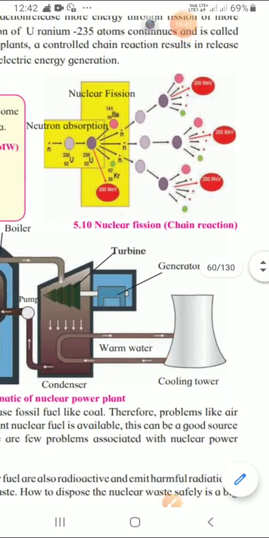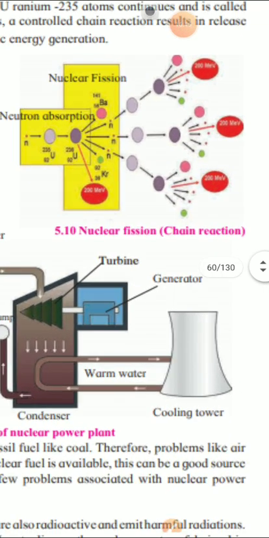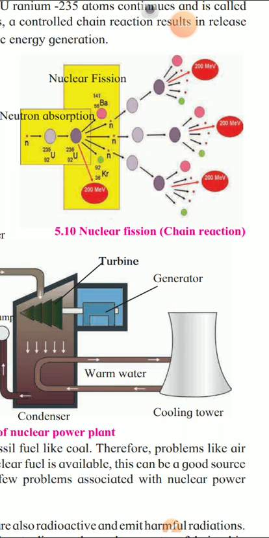chain reaction here. Here the neutron absorption takes place on uranium, that is a radioactive substance, and after the nuclear fission you can see barium and krypton are formed, and three particles or three neutrons are generated.